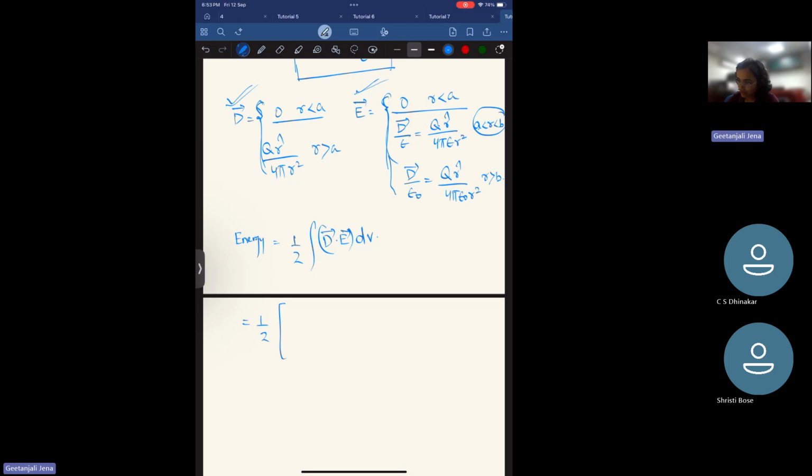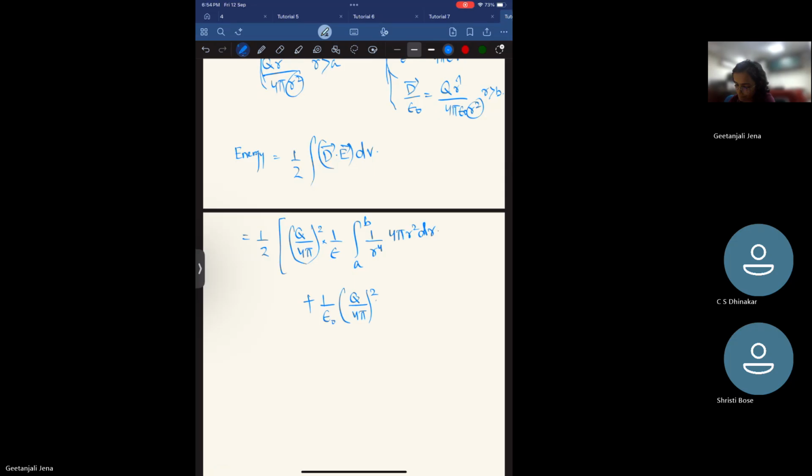And for A to B, if you consider this region, we have Q by 4 pi square, 1 by epsilon, integral from A to B, and 1 by r square times 1 by r square gives 1 by r to the power 4. dV is 4 pi r square dr. And for r greater than b, we have 1 by epsilon naught, Q by 4 pi r square, 0 to infinity, 1 by r to the 4, 4 pi r square dr.